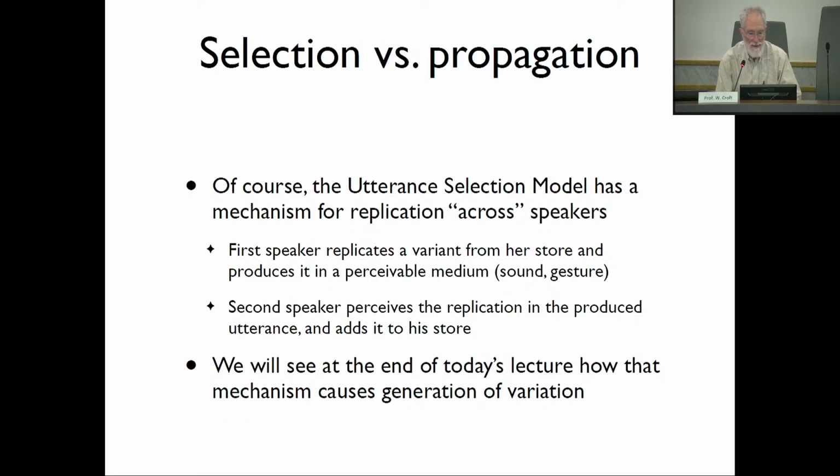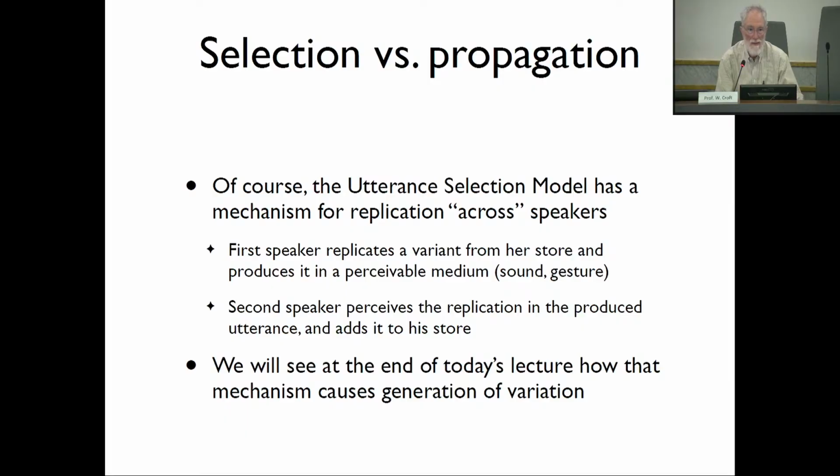Basically, the first speaker replicates a variant from her store, her usage-based representation of her knowledge about her language, and then produces it in a perceivable medium, that is, a medium that can be shared with another speaker, sound or gesture. The second speaker then perceives that replication in the produced utterance, auditorily for sound and visually for gesture, and then adds it to his store.